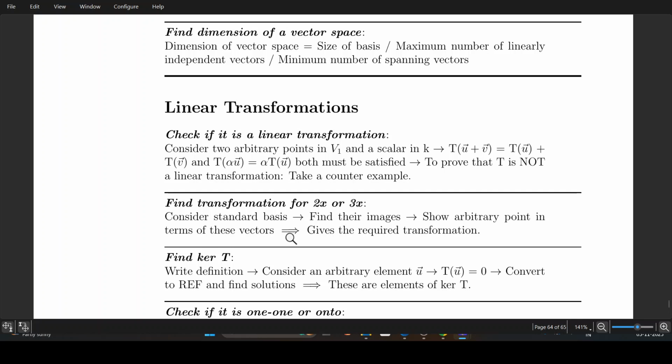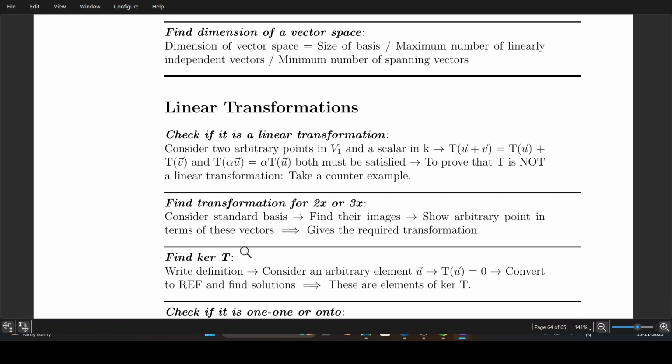So with the help of these images, you find the image of any arbitrary point, right? By using Tu = alpha1 v1 and so on. So after finding alpha and beta and all the constraints, basically, you find the matrix representation, which is the required transformation, right?